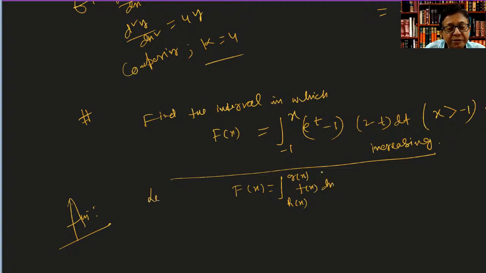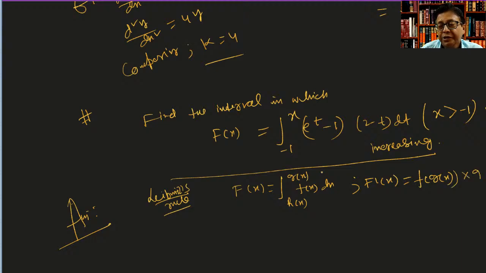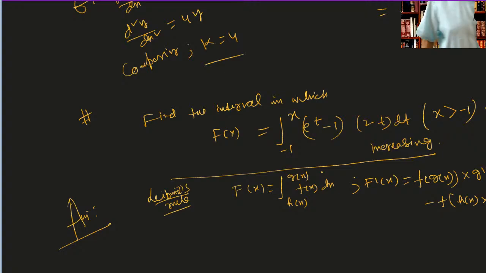This is Leibniz rule. Here f dash x will be f of g(x) into derivative of g(x) minus f of h(x) into derivative of h(x). Just apply it and get the interval where it is increasing or decreasing.